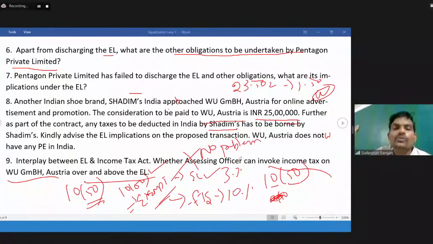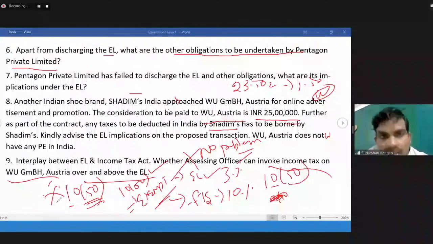So the Income Tax Act gives you a benefit under section 10 clause 50: for any non-resident online advertisement company, if they have suffered equalization levy, that non-resident company will not again be asked to pay tax under the Income Tax Act.